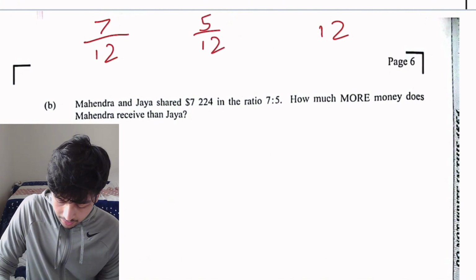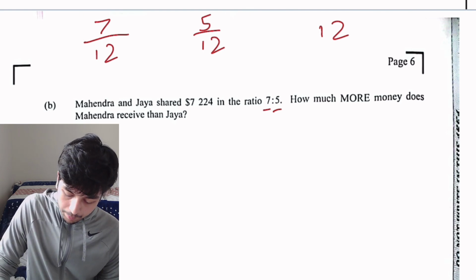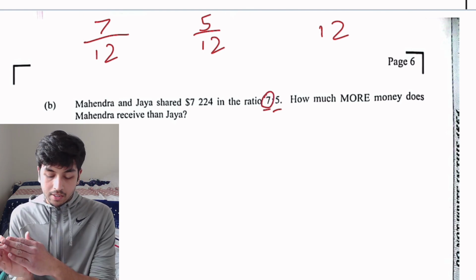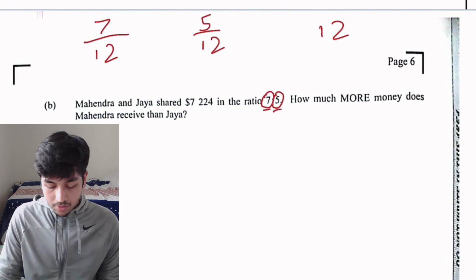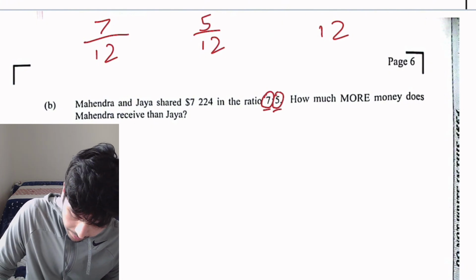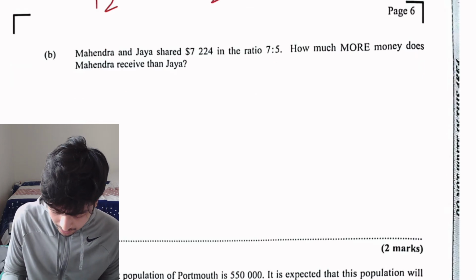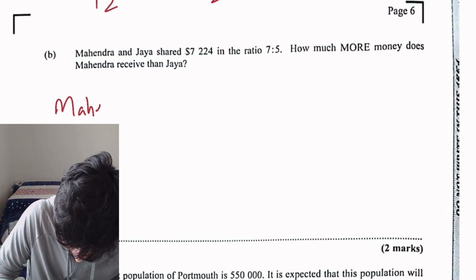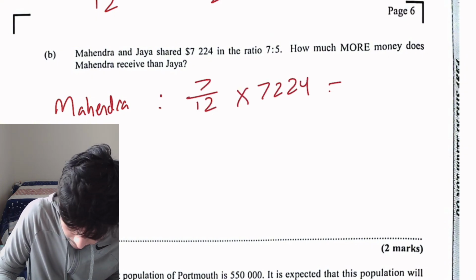Again, you look at these 2 numbers here, and you add them up, and then one person is getting this much out of that total, so 7 out of 12, and the other person is getting 5 out of 12. There are many ways you could do this question, but I think this is a pretty simple way to do it. So Mahendra will get 7/12 of 7,224.